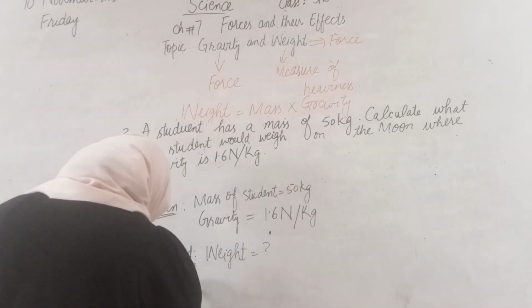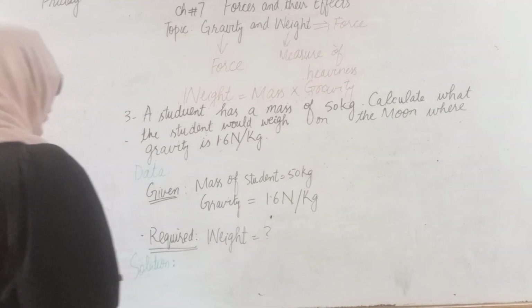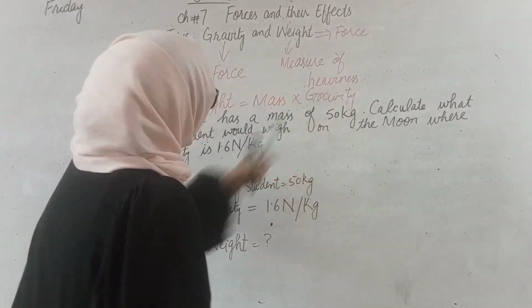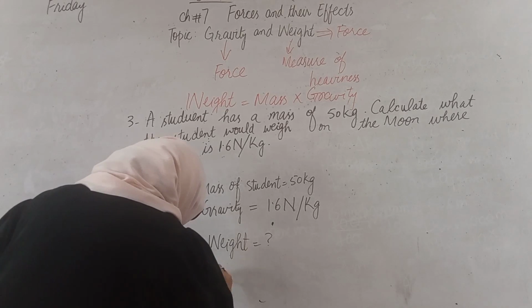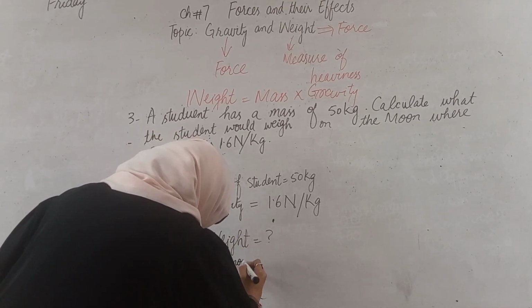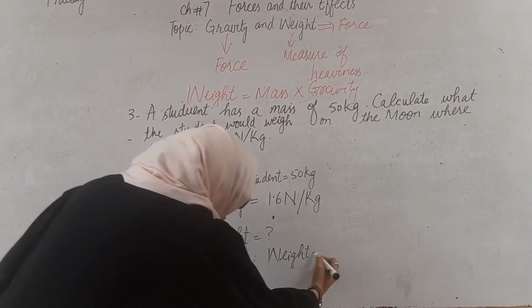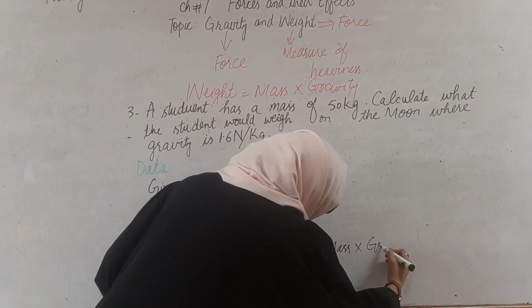In the solution, we will solve the statement by the relation that weight is equal to mass multiplied by gravity. We will write here, as we know, weight is equal to mass into gravity.